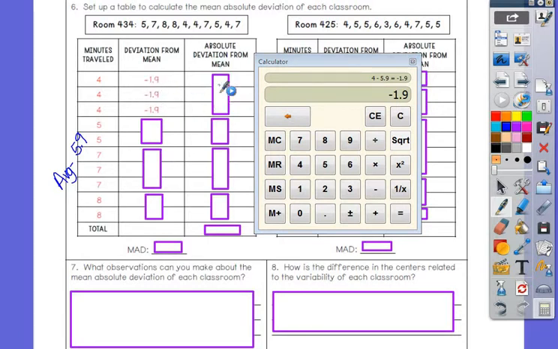I can go ahead and take the absolute deviation from the mean. Absolute means the distance away from 0, and it's always positive, so these turn to a positive 1.9. Alright, next up is 5, so I'm going to take 5 minus a 5.9. That again is going to give me a negative number. Negative 0.9 is those two. The absolute value of that is a positive 0.9.